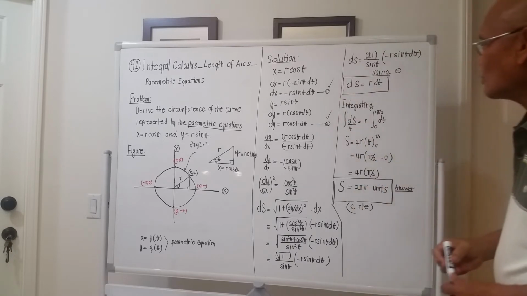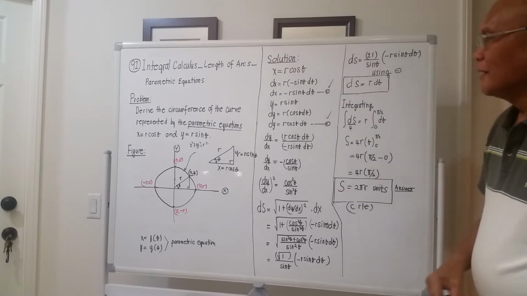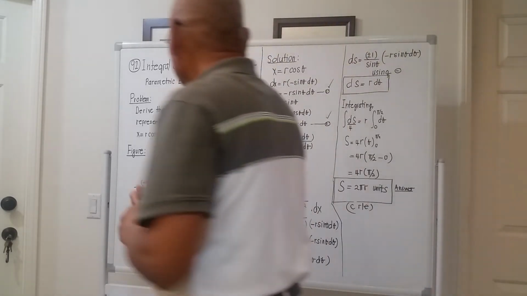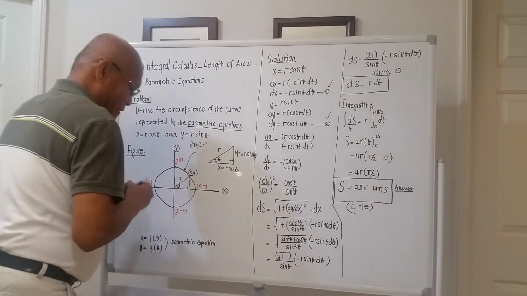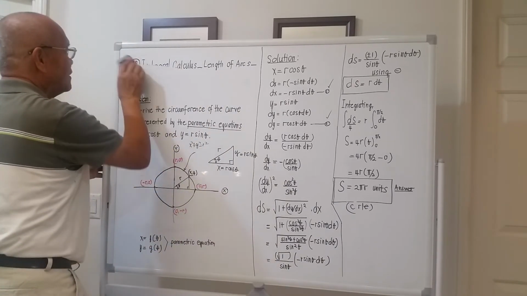What comes to my mind, why I took the values dx and dy? Oh, it's just a simple thing, guys. Okay, I will try to erase this one.